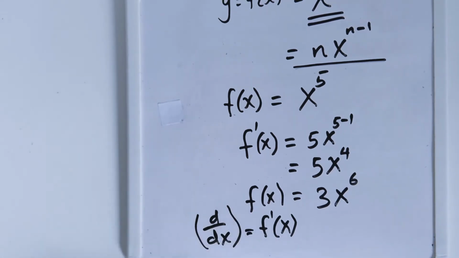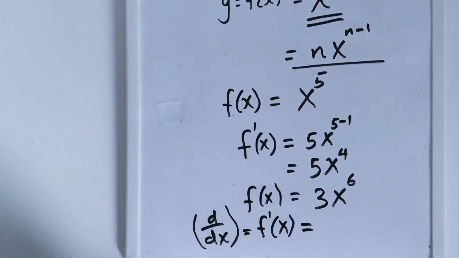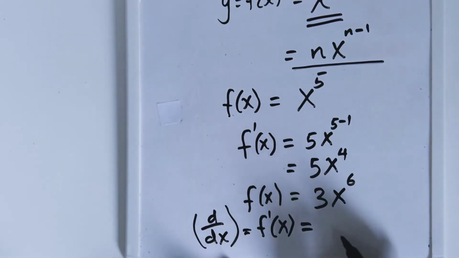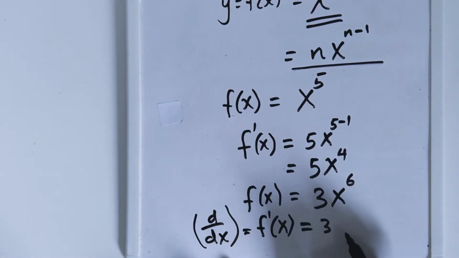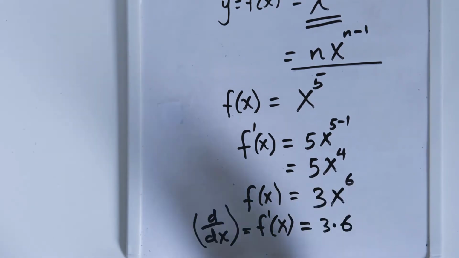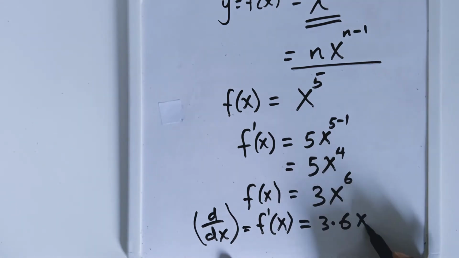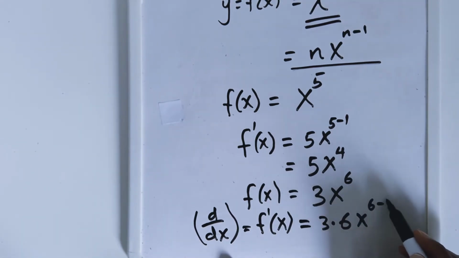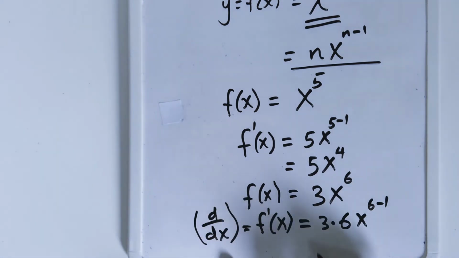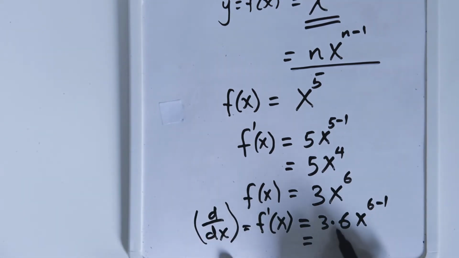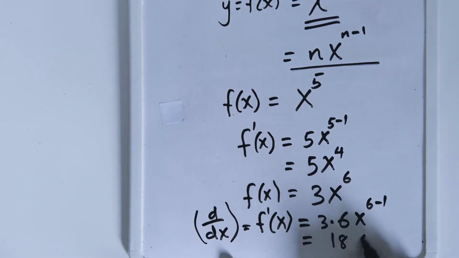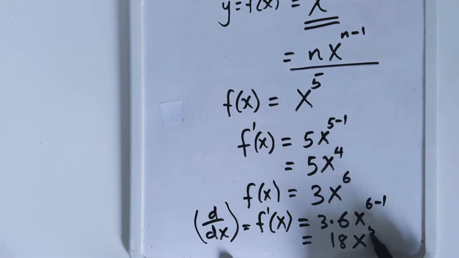Okay, this is the same. So this will be equal to, bring the power down, 3 is already the coefficient that was there, multiplied by 6, which is the power, multiplied by x, and then reduce the power by 1, 6 minus 1. So this will give me 3 times 6 is 18, x to the power of 5.